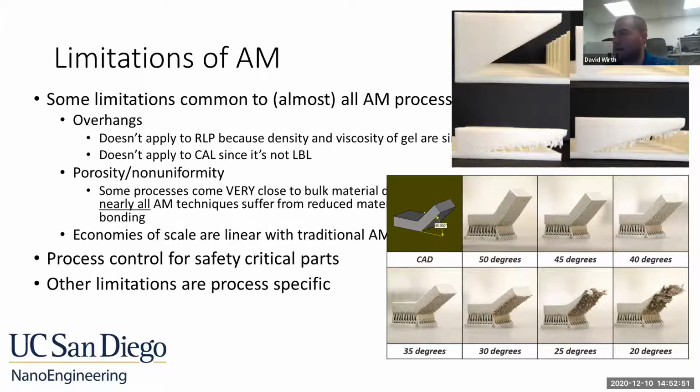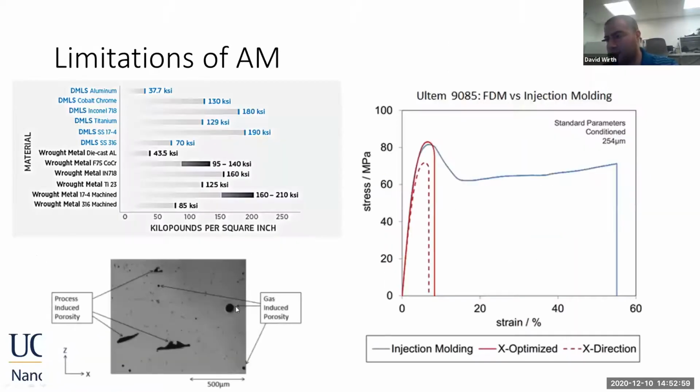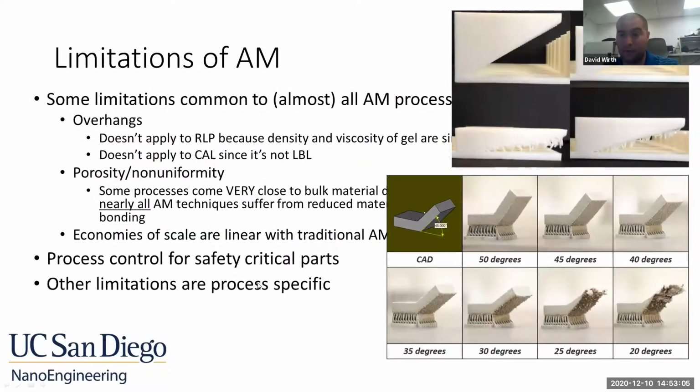The other thing that was a big issue in the past, and I'm not sure if it's been solved completely yet, is process control. As I said, these inclusion issues, a lot of people were very afraid of in terms of certifying 3D printed parts for use in critical systems. Because with casting or machining, the failure modes of these parts are known pretty well.